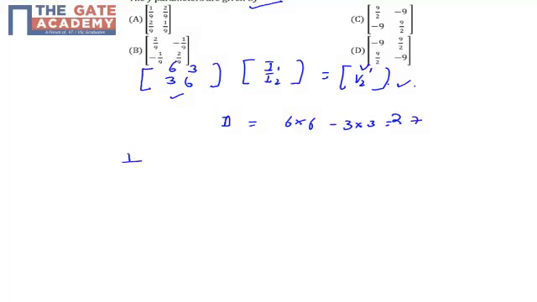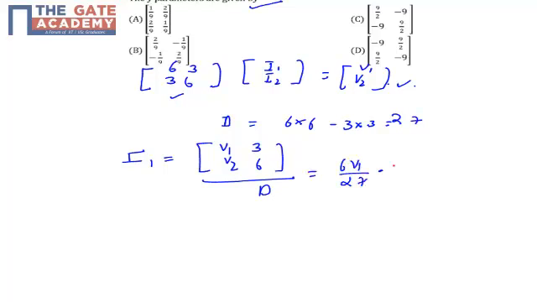Now I1 will be, using V1 and V2 with 3 and 6 upon delta, 6V1 by 27 minus 3V2 by 27, which is 2 by 9 V1 minus 1 by 9 V2. This is my first equation for the y parameters.